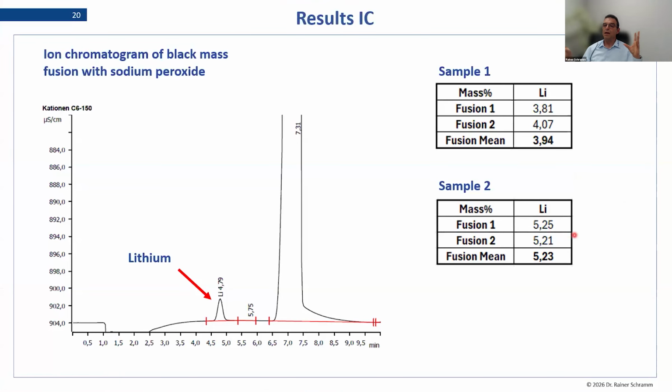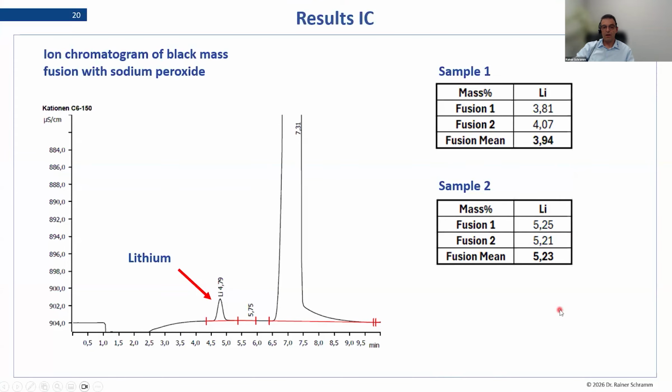So here you see how flexible you can use this kind of technique nowadays. You can cover your XRF needs with classical platinum molds, with aluminum molds. You can use quartz crucibles. You could also use the ICP fusion with lithium borate and acid, or with sodium peroxide and the water elution.